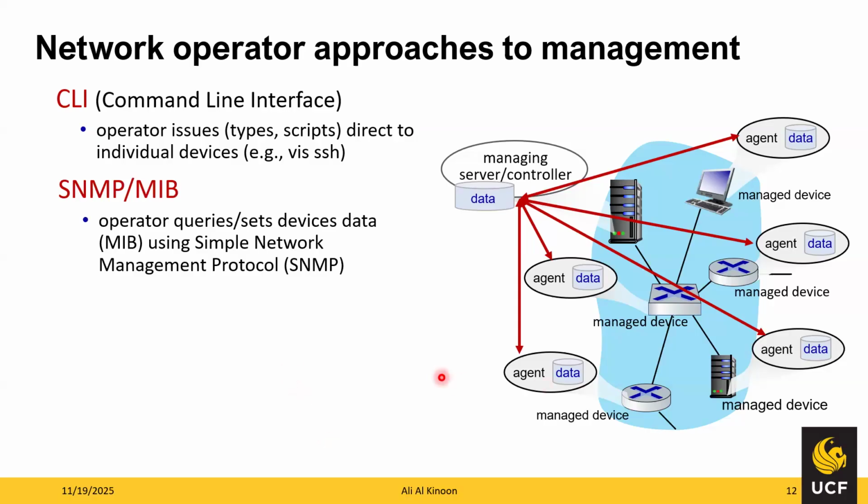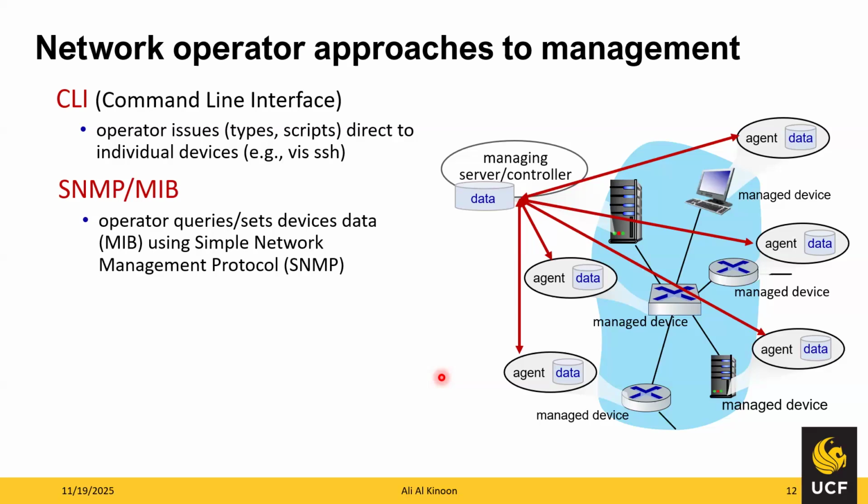Then we move to SNMP/MIB. This moves beyond manual work by having a managing server query the devices automatically. Every device is going to maintain a management information base, the MIB that we see here. SNMP and MIB work together. The MIB stores configuration points and operational states.